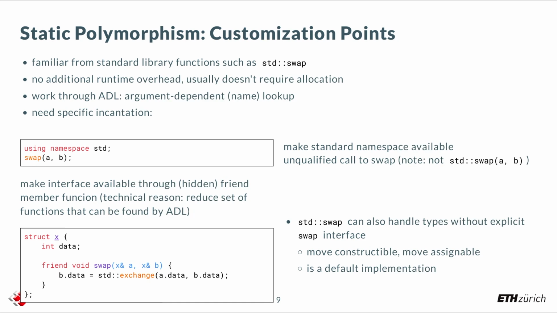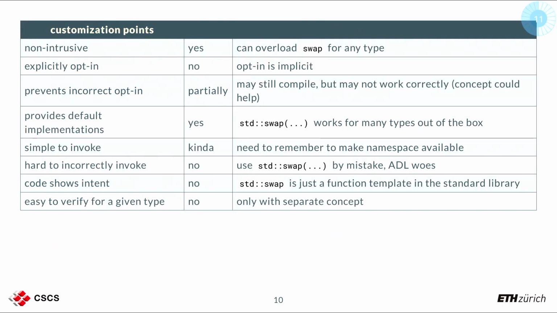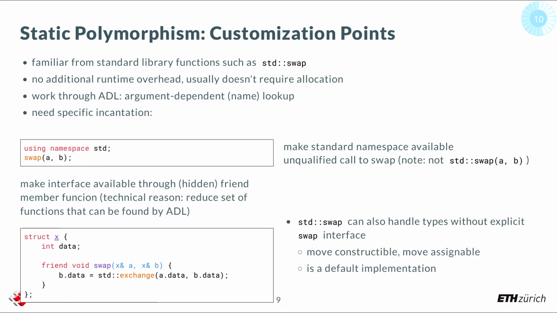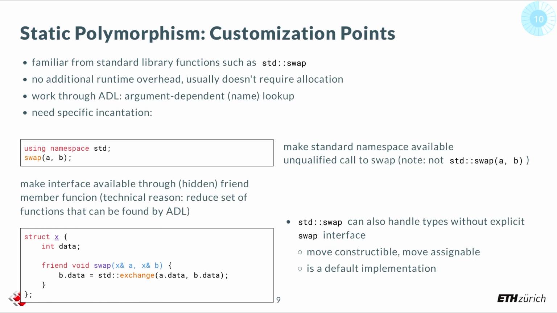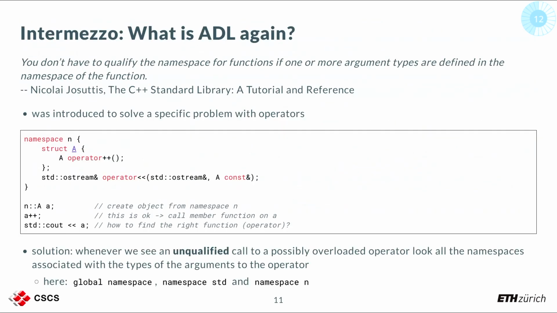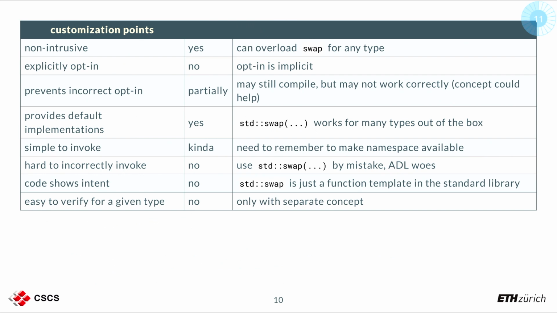If you do a qualified call here, like this, it might fail, because it will not use ADL because it's a qualified call. This one is unqualified, so it will go here. But if you qualify it with standard, it will not find this function. So there are a bunch of problems with this way of customizing things.